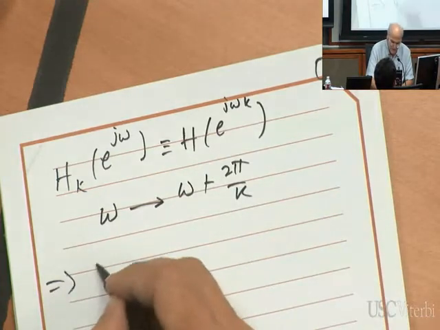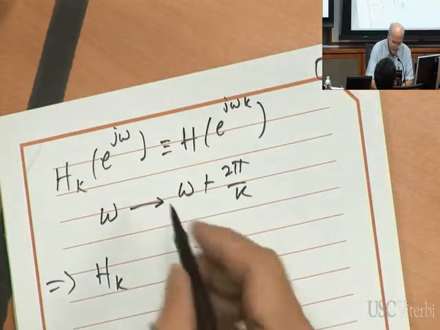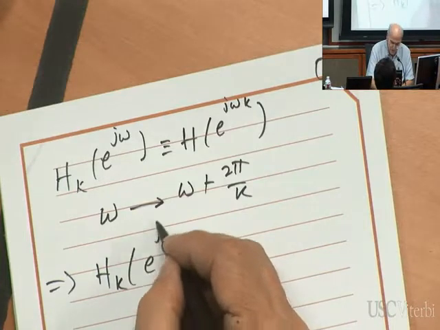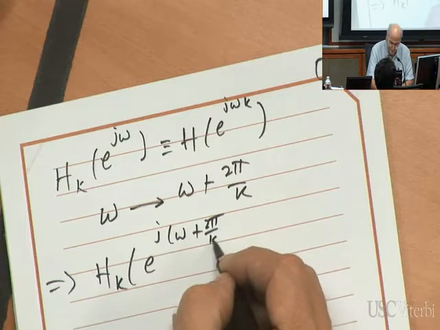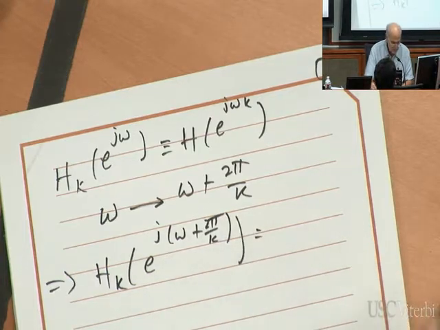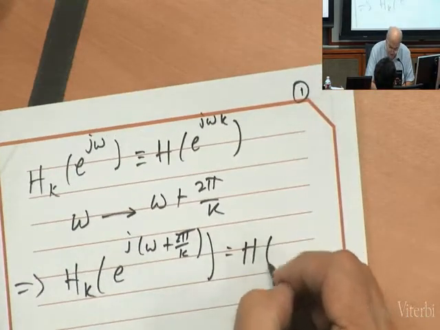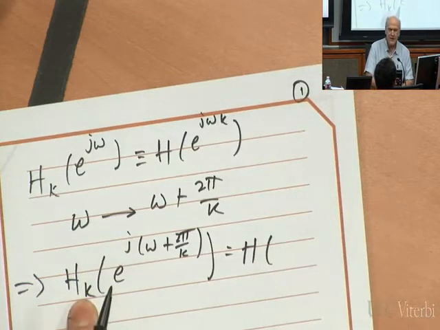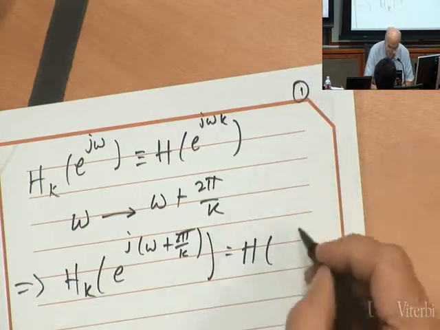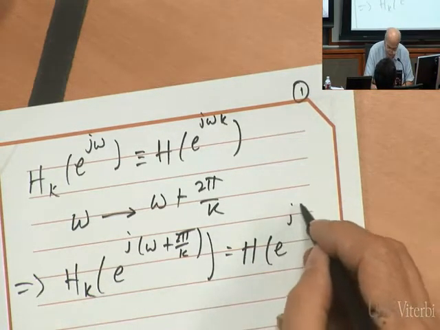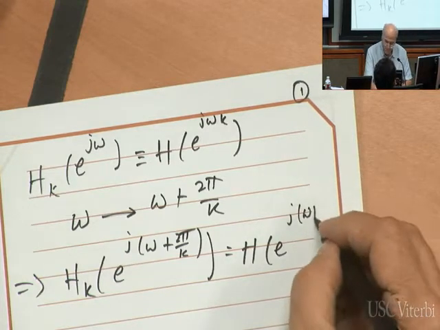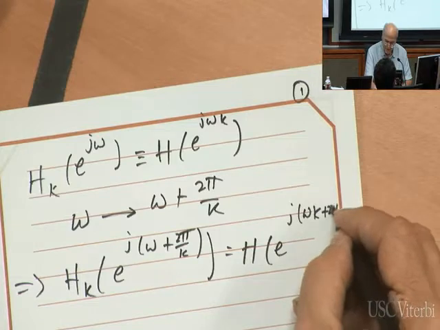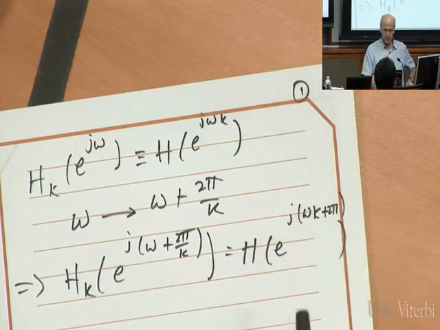That implies that h sub k of e to the j omega plus 2 pi over k is equal to h of e to the j omega k, plus 2 pi. I just multiply.